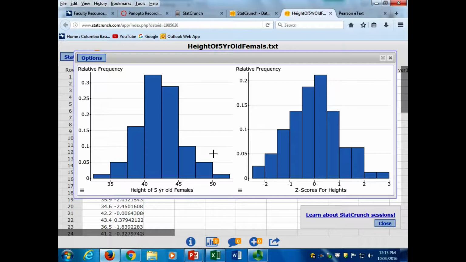So how else are they different? The bottom numbers are different. Well, if you look at just the raw heights, where's the middle of that distribution? It's at what? I don't see a 65 on there.